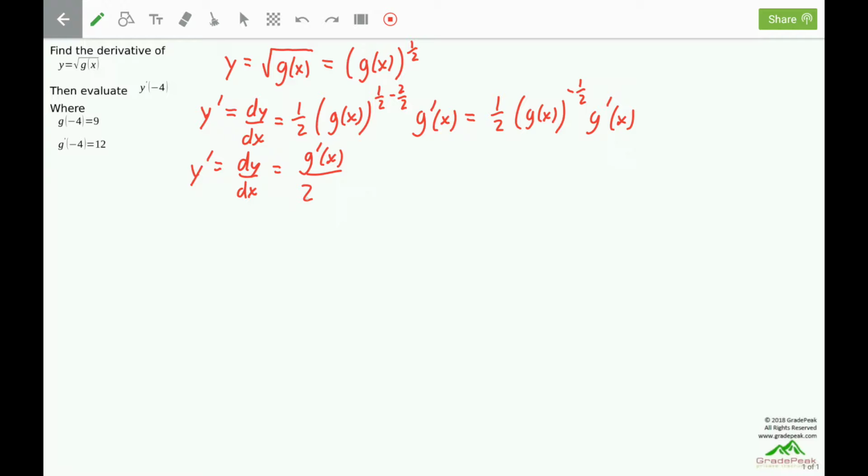And in the denominator, we have the 2 down there already, and then the g of x will move down there and be raised to the 1/2 power. The 1/2 power means first power, second root, or just square root. So we can write that as the square root of g of x. And there's our derivative y prime. G prime of x over 2 times the square root of g of x.